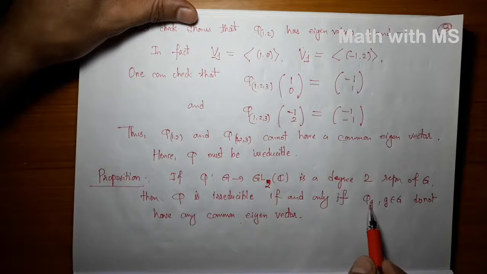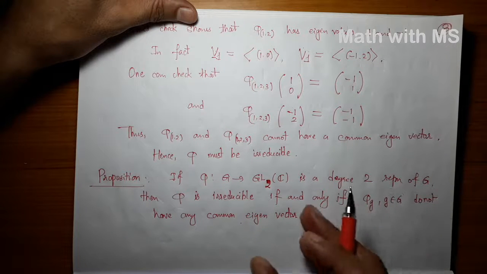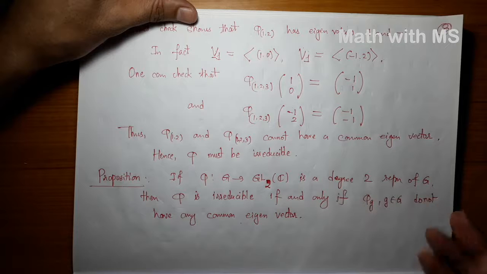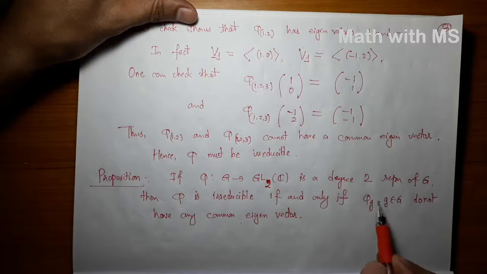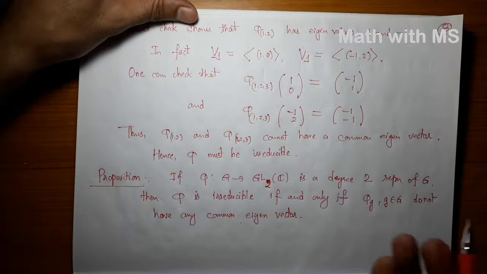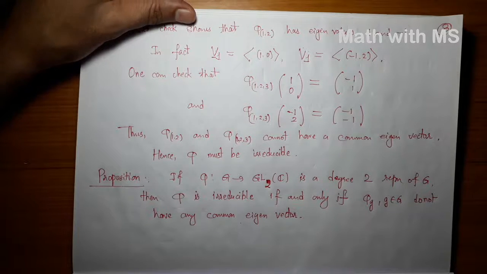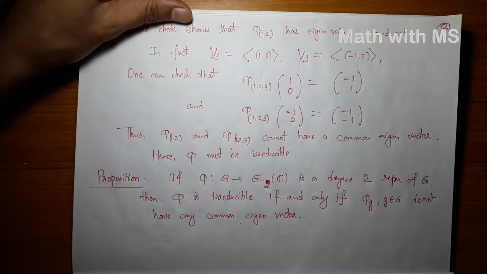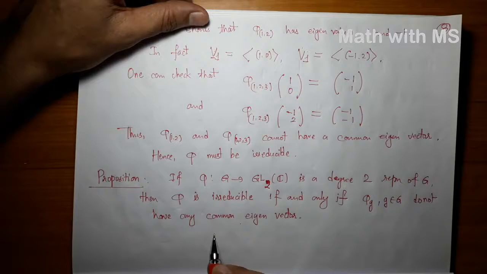That means each phi(g) maps that vector into a scalar multiple of itself. That means that vector is a common eigenvector for all the group elements, right? And conversely, if you have a common eigenvector for all the group elements, that means that's an invariant subspace. So therefore in degree 2 there is this nice characterization of irreducible representation.